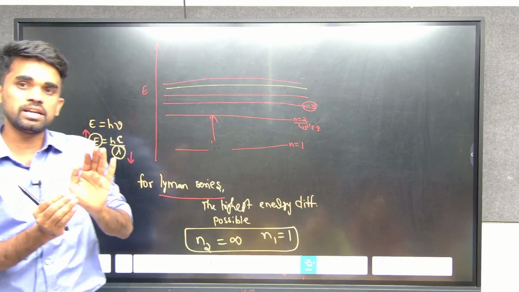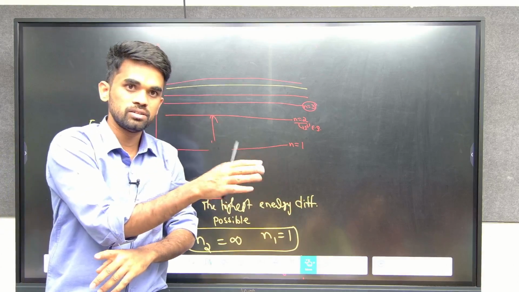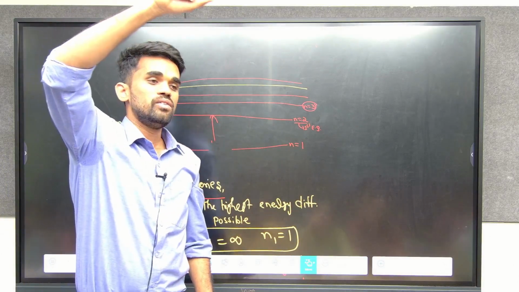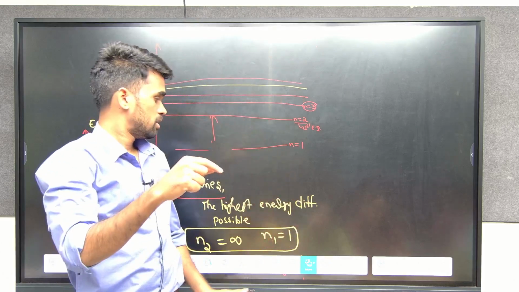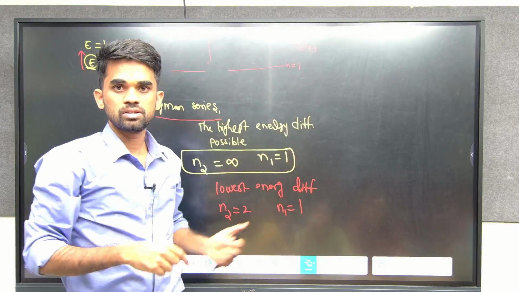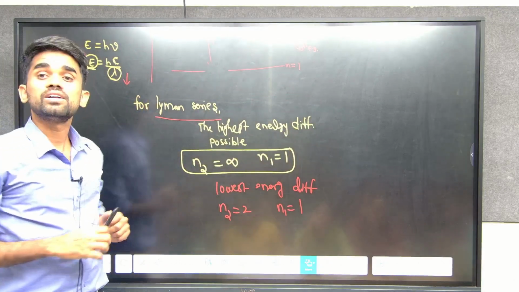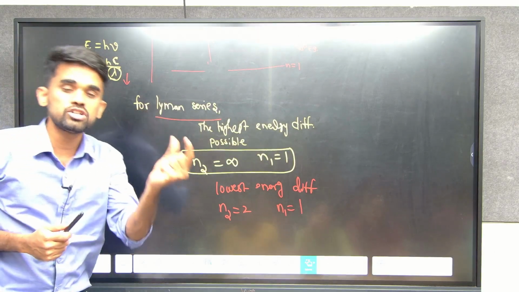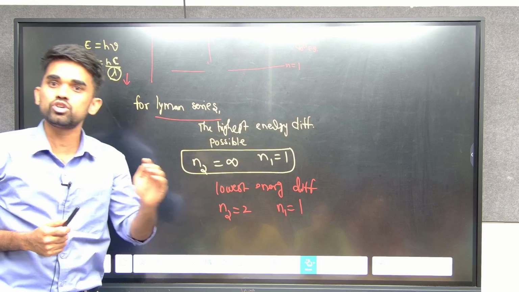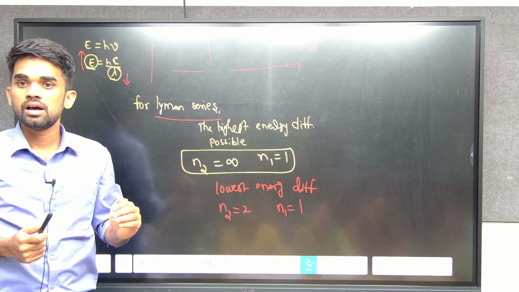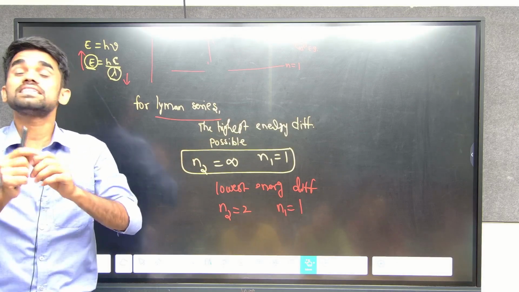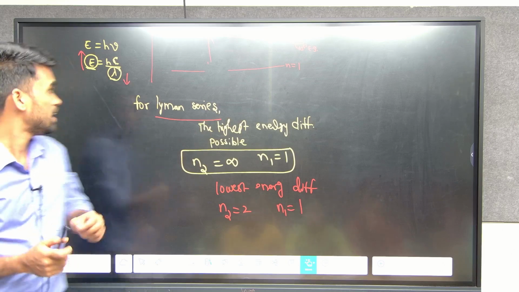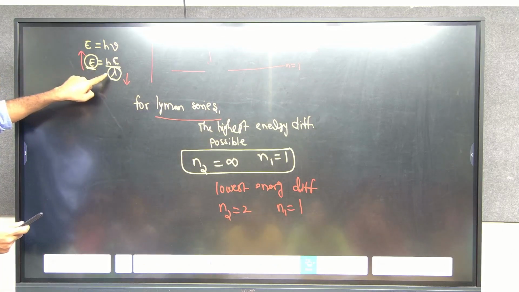Now, same question I can ask in terms of wavelength. What is the highest wavelength possible for Lyman series transitions? N1 should be 1, that is fixed for Lyman. N2 should be... highest wavelength I am saying. Energy and wavelength, how they are related?